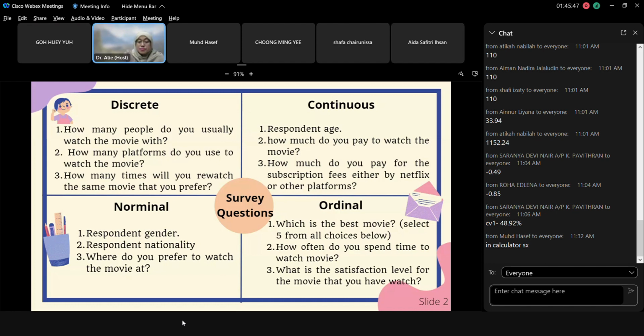The second one is how often they spend time watching movies, and the last one is their satisfaction level for the movies they are watching.